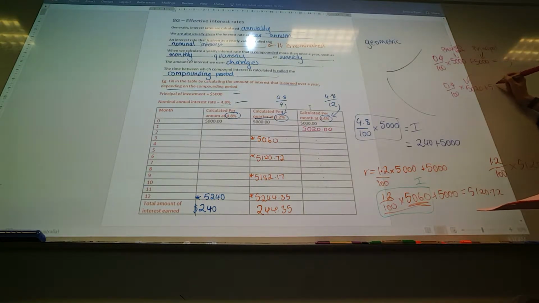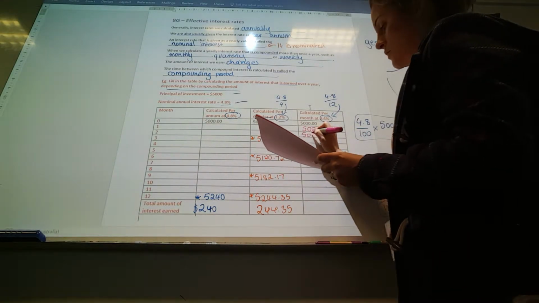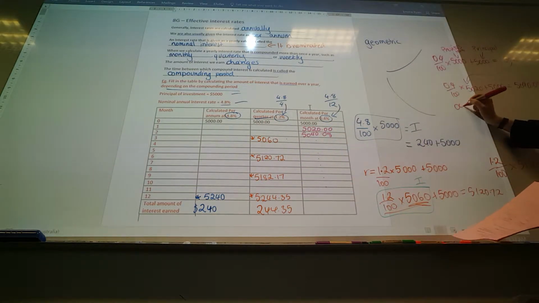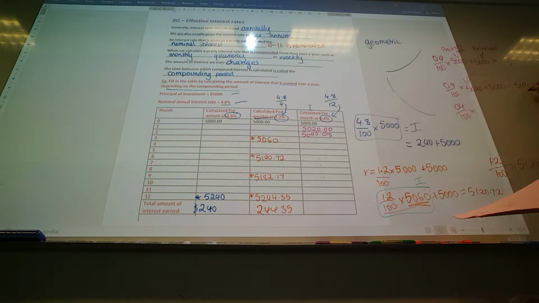Is that making sense? And then for the next one, this number comes in here. That's the only thing that changes, is that number in there, and it's just the previous term.